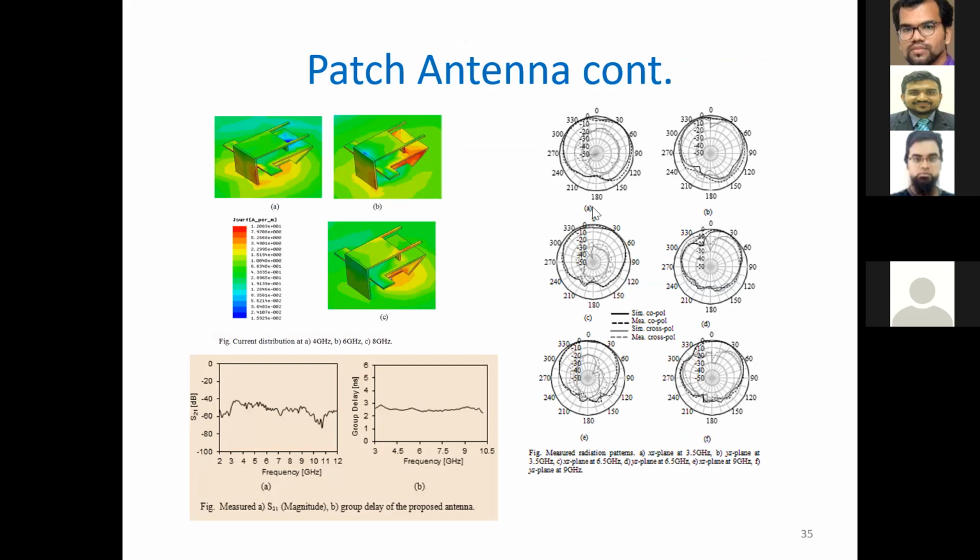On the right side, you can see the radiation patterns of the device. We have a good matching. The radiation pattern is not fully omnidirectional, but since it's bidirectional, we thought it's quite good to go for publication. And we found it was already, they say, pretty good.